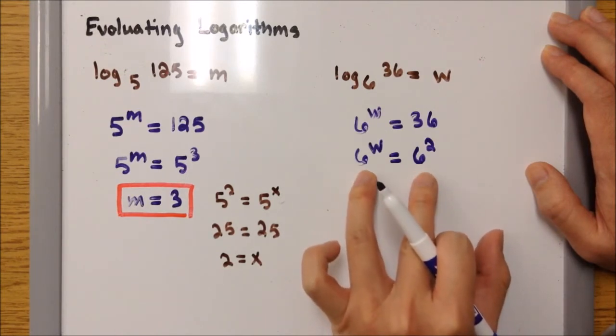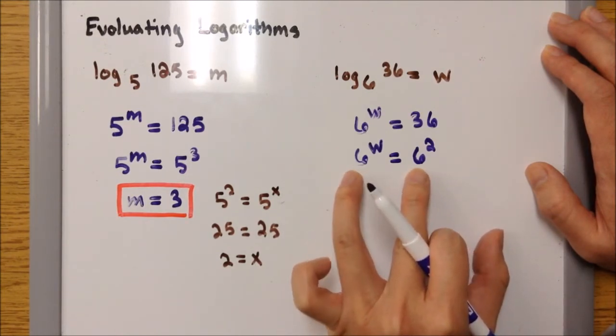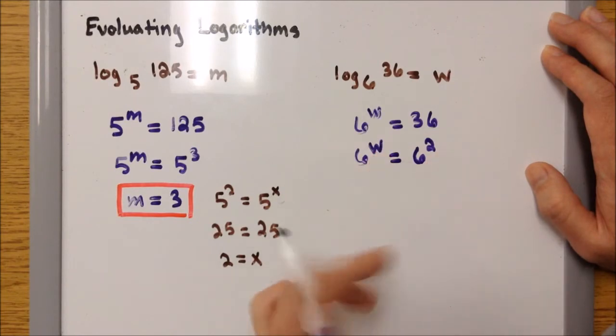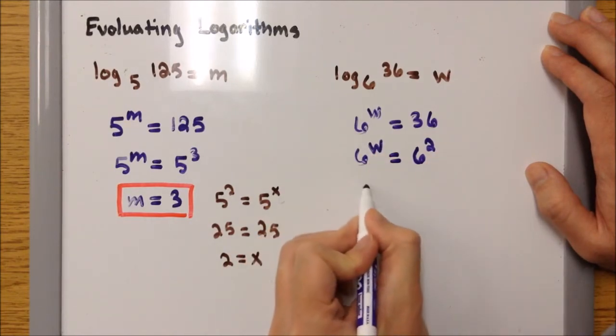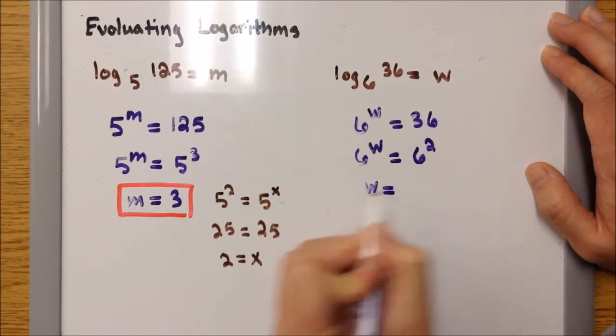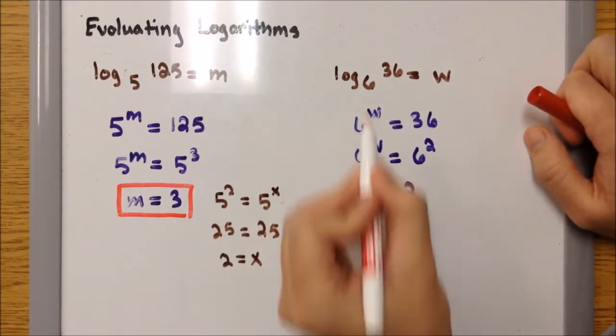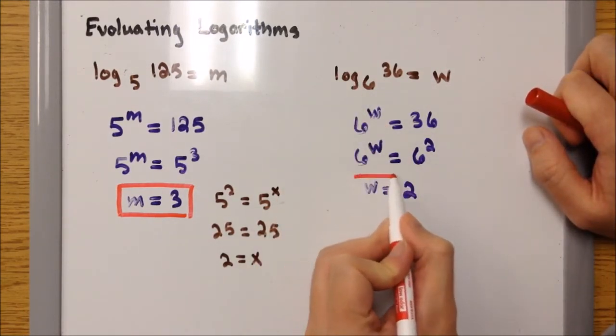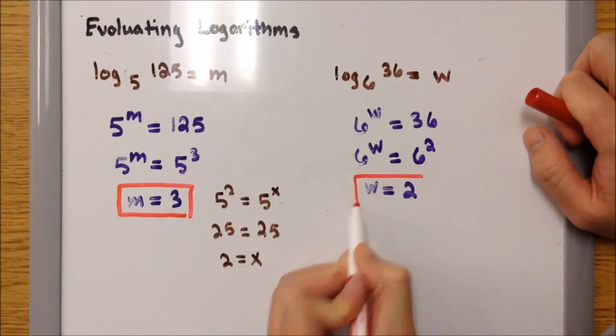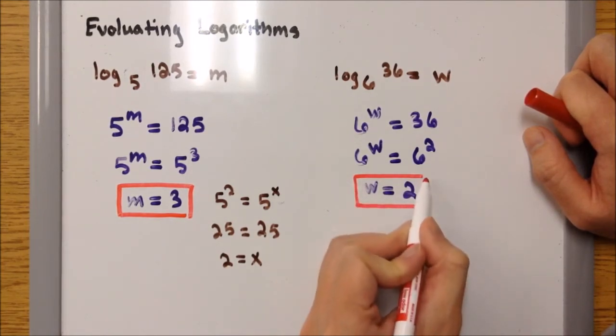Now once we have the same base, the exponents have to be the same. So w equals 2. And there we go. That's how you evaluate logs, or convert from log to exponential and solve for exponents. That's basically what it means to evaluate logs.